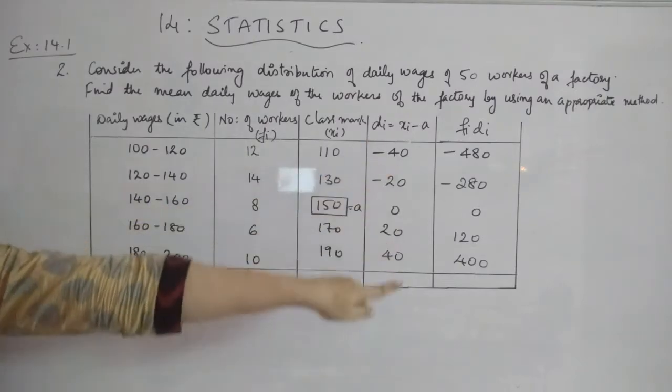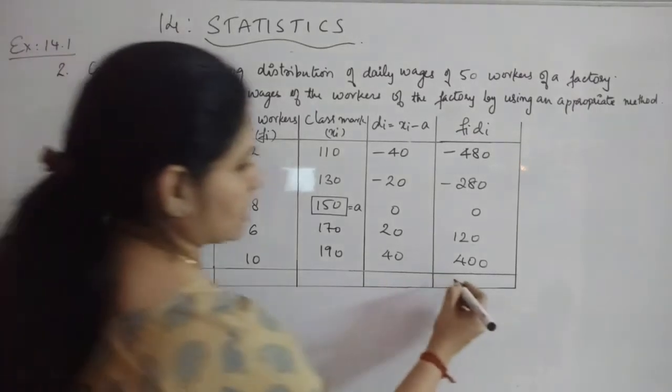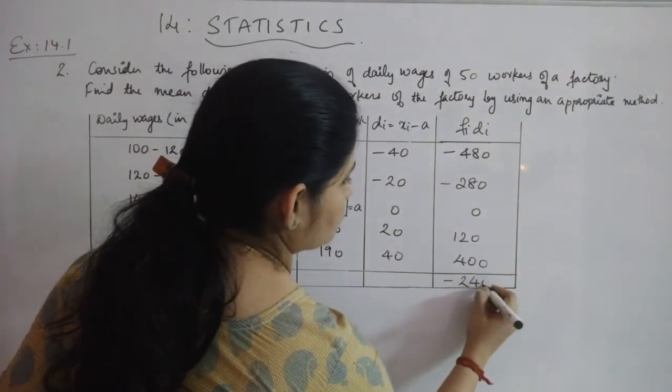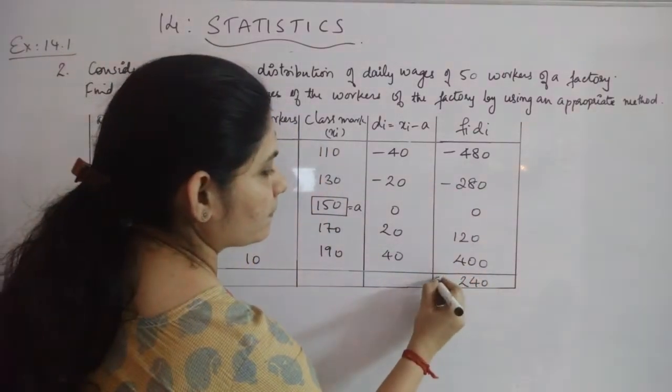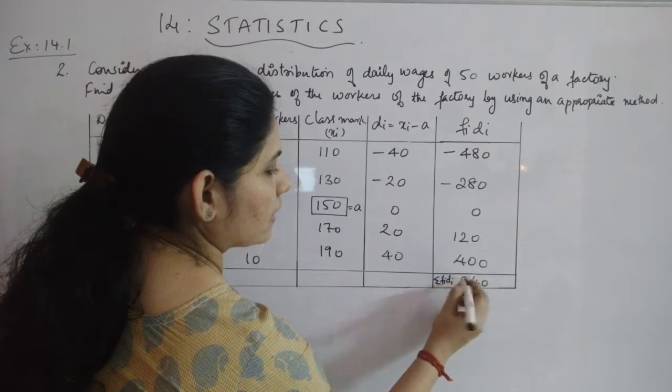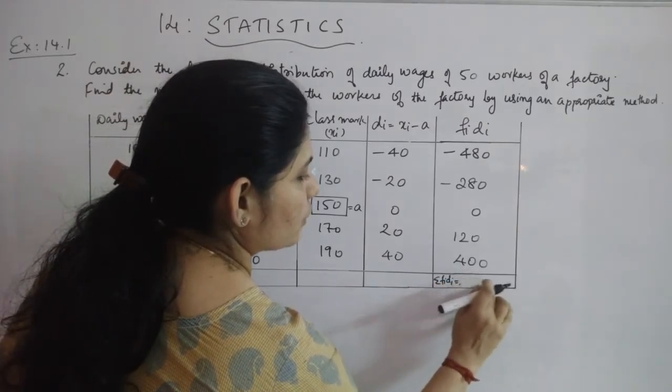Now you have to add all these, that is sigma Fi di, which will give you minus 240. So sigma Fi di is equal to negative 240.